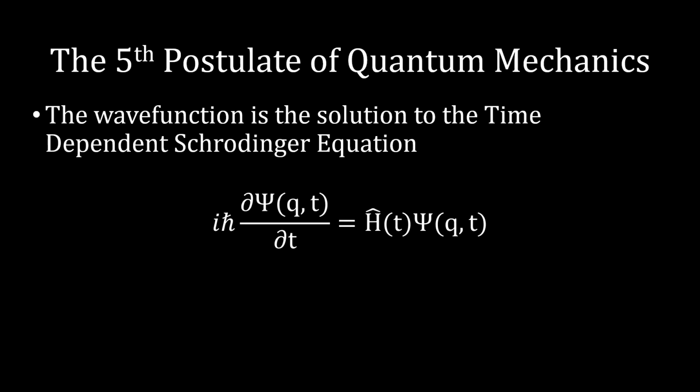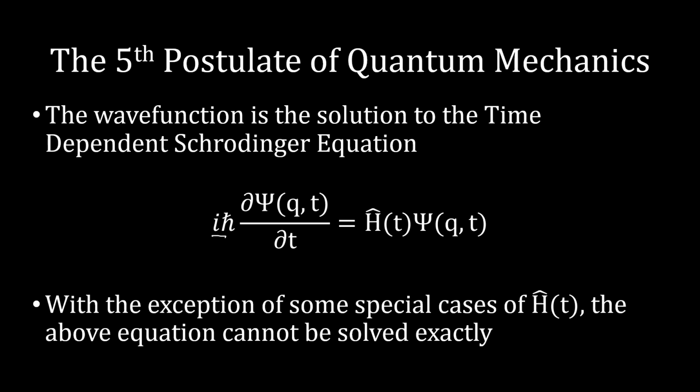So up to this point, we've talked about what the wave function is and what we can do with it, but we haven't talked about how to get the wave function. That's what the fifth postulate tells us. It tells us that the wave function is the solution to the time-dependent Schrodinger equation shown here, which is that i h bar times the time partial derivative of the wave function is equal to the Hamiltonian operator applied to the wave function.